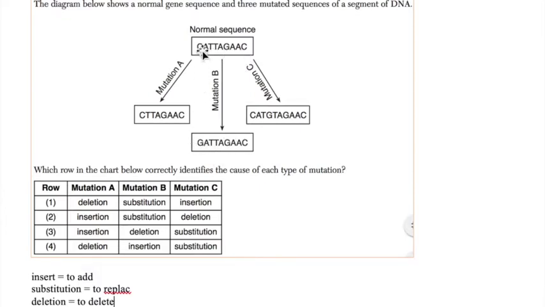So the C has been replaced with a G. If we replaced it, it's a substitution. So mutation B is substitution. With that in mind, our answer is 1. I can't click on it, but the answer is row 1, because they match all of the mutations present.